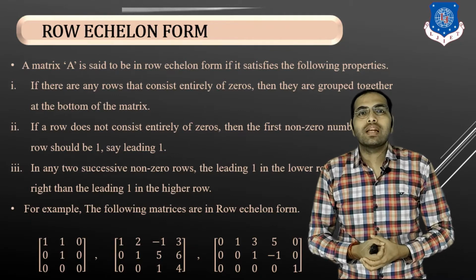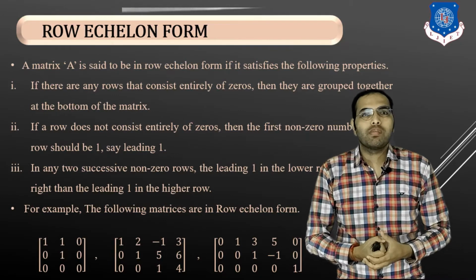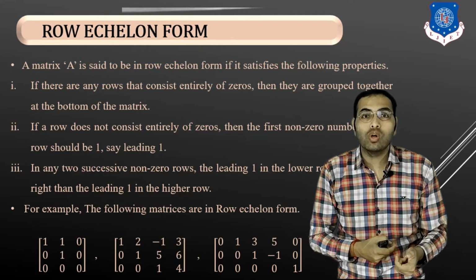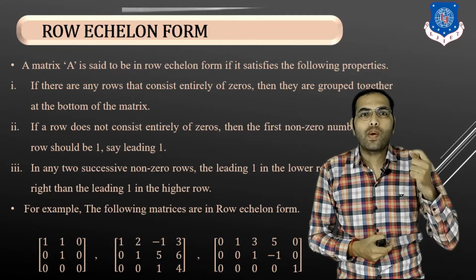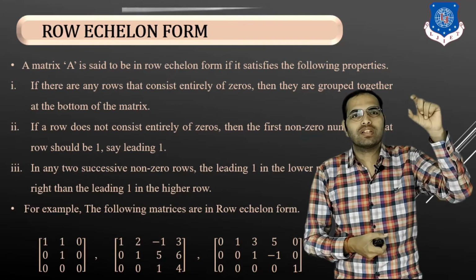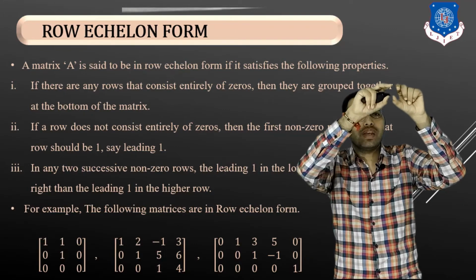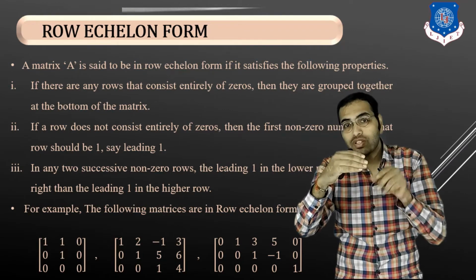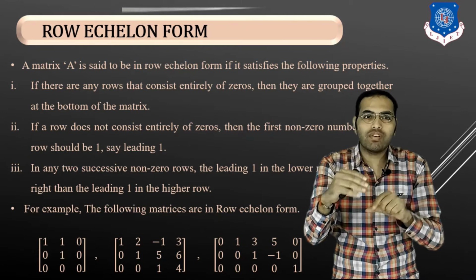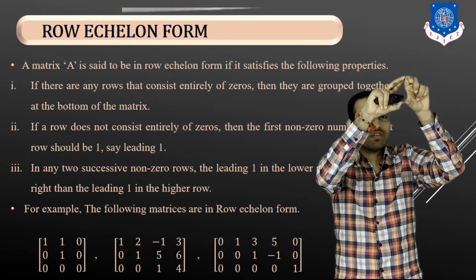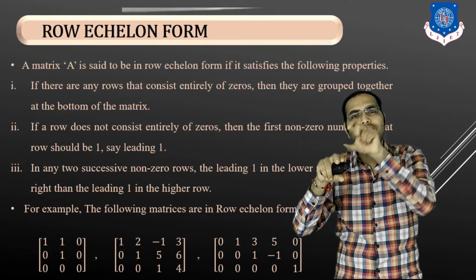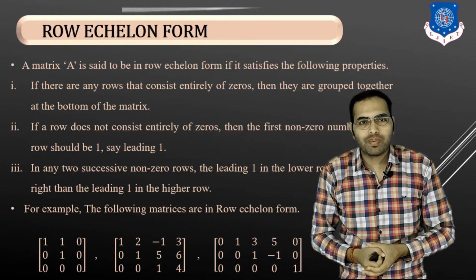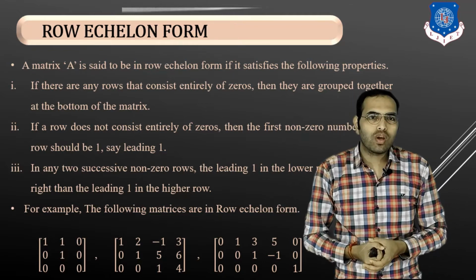Second condition: the leading element, the first non-zero element of every non-zero row, is 1. The first row has leading element 1, and the second row has its first non-zero element again 1, and the position of the leading 1s moves left to right. All the conditions are satisfied, so it is row echelon form.